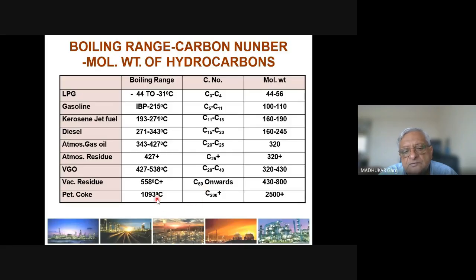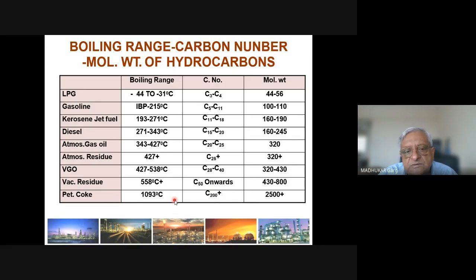And then, of course, you have pet coke, which is generated once you use destructive distillation of vacuum residue. So from vacuum residue, you can make pet coke also, which is almost like coal, but very low ash. It has very high calorific value. So it is only carbon and hydrogen, kind of a complex structure.